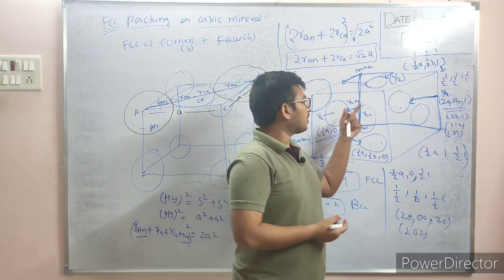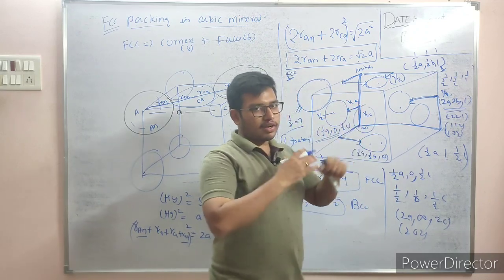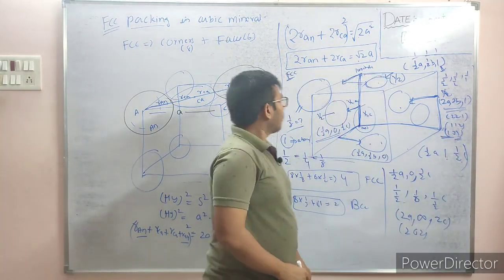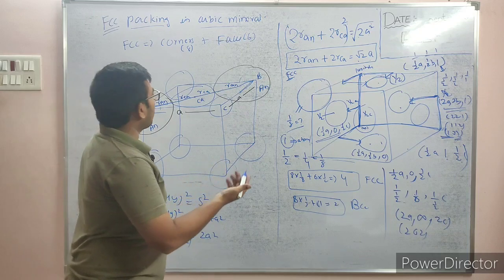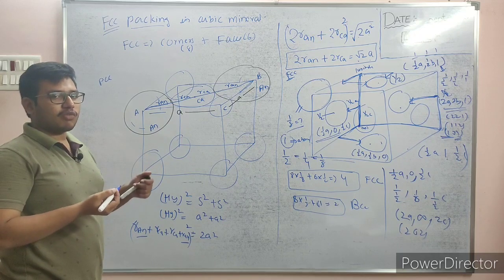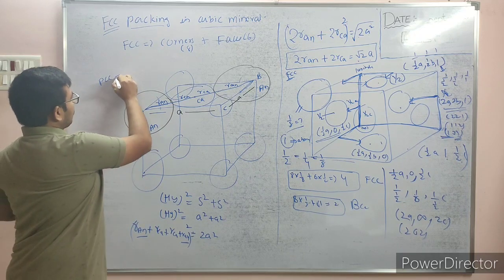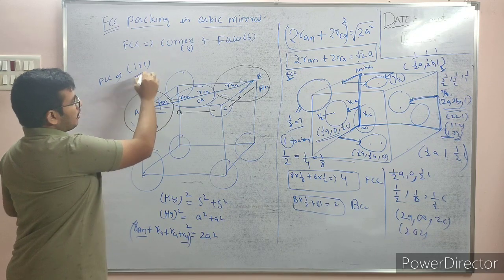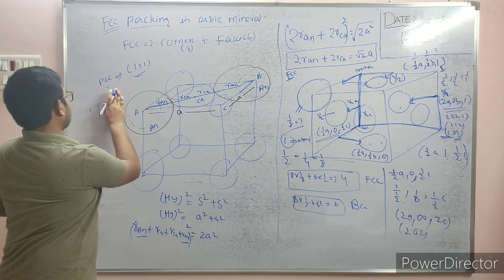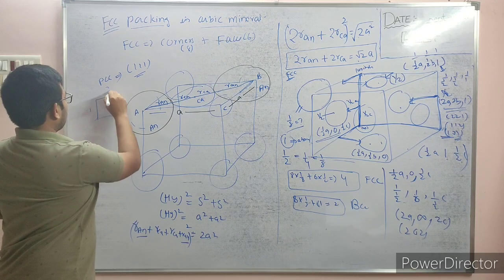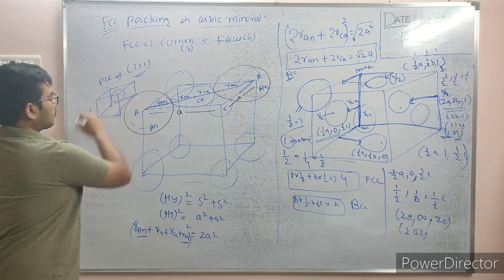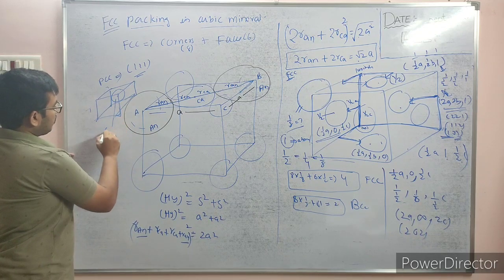For the face centered, because it is divided into 1 by 2, when it is divided into equal lengths, the values can come like this. For the primitive cubic, the values are similar and simple: if you take any type of PCC, it is either 1 0 0, or 0 1 0, or 0 1 1, 1 1 1. For suppose 1 1 1 is present here, what will you get? 1 1 1.